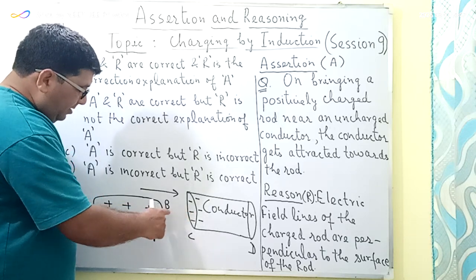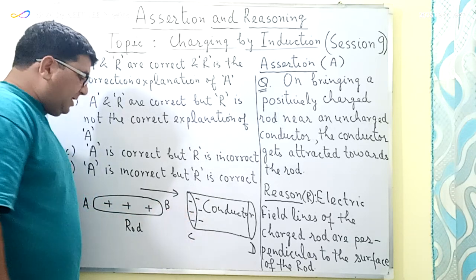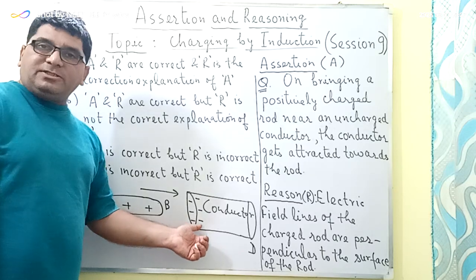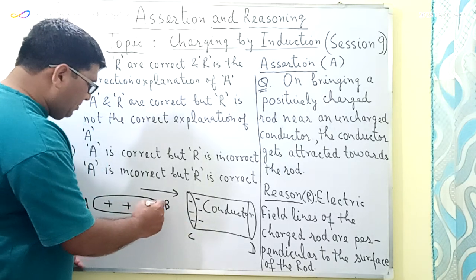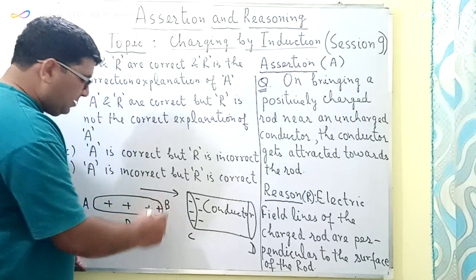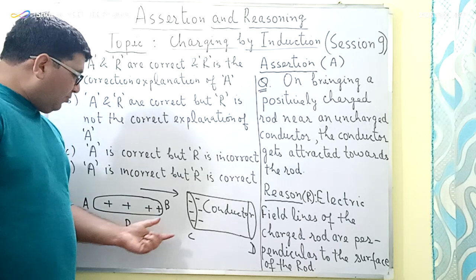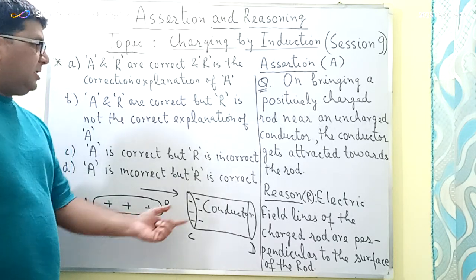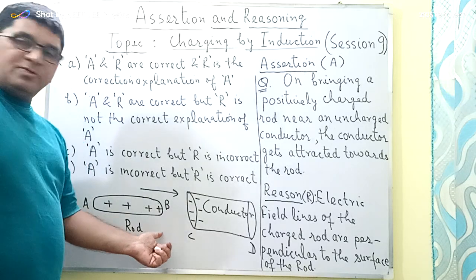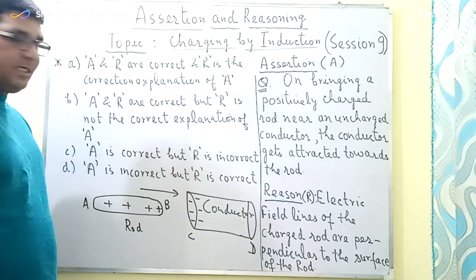And because this is a negatively charged region and this face is positively charged, the conductor will get attracted towards the rod. So this assertion is correct.